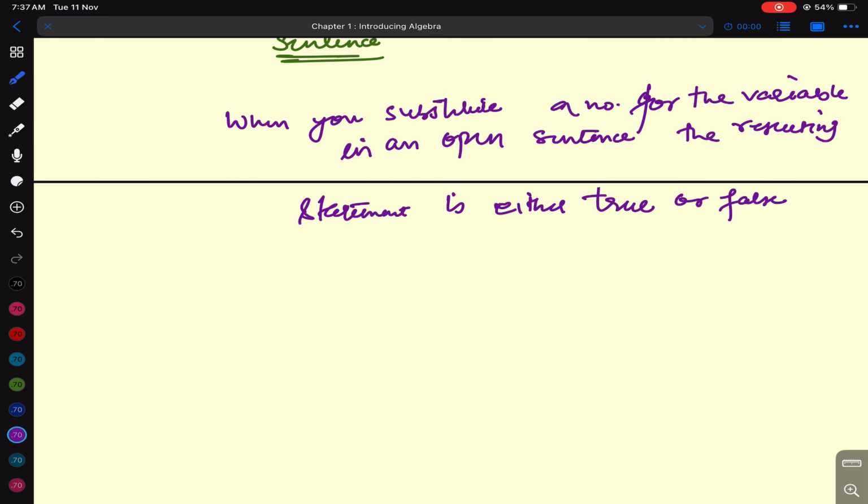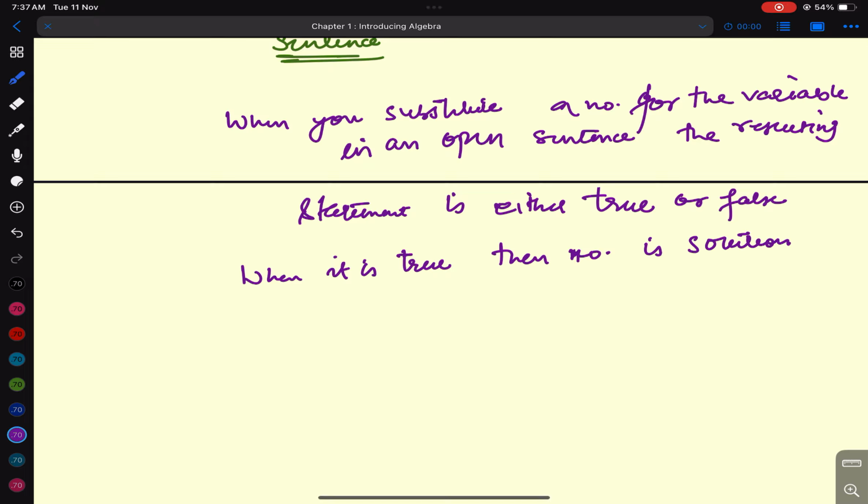What does that mean? When you substitute for the variable in an open sentence, the result is going to be true or false. When it is true, that means the number that you substituted for the variable is the solution of the equation or inequality.